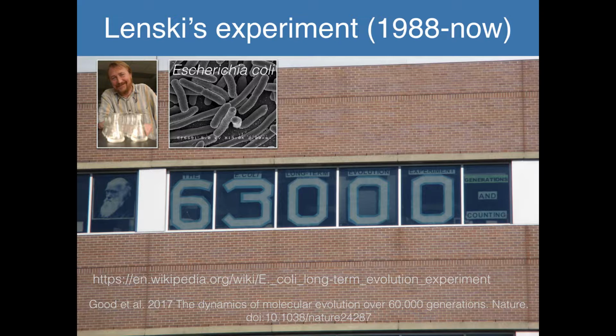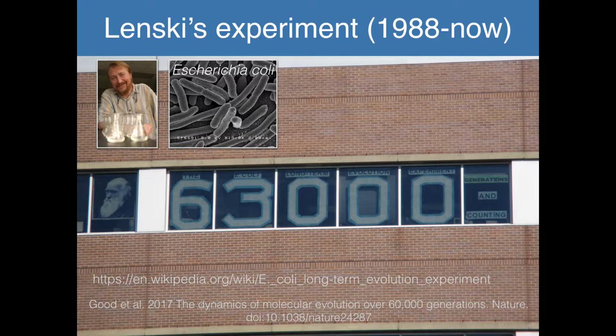It's studied quite intensively, and his team have been following populations of this, the same population, largely from 1988 through to now. They've tracked this. Well, this picture is from 2 or 3 years ago now, but that's the number of generations that have been followed in the lab. So 63,000 generations of E. coli population dynamics.